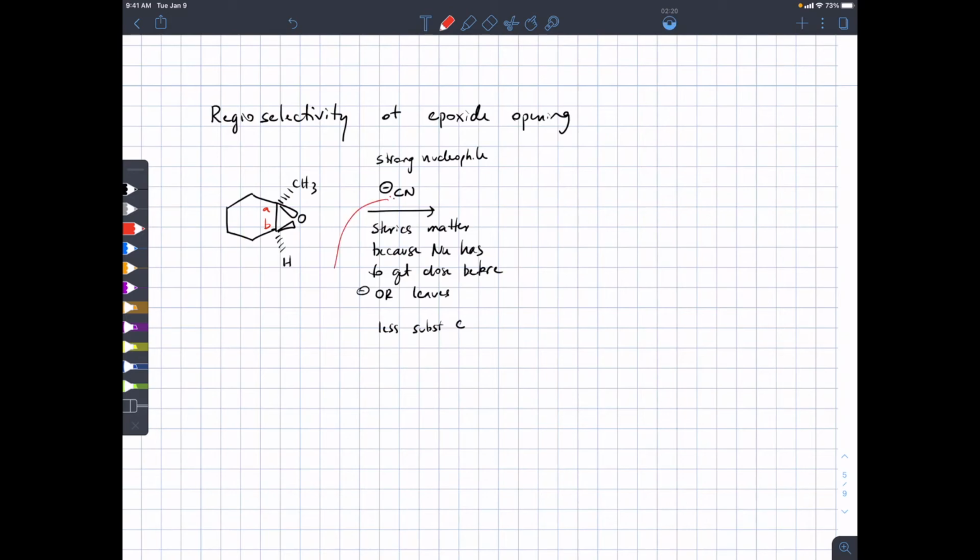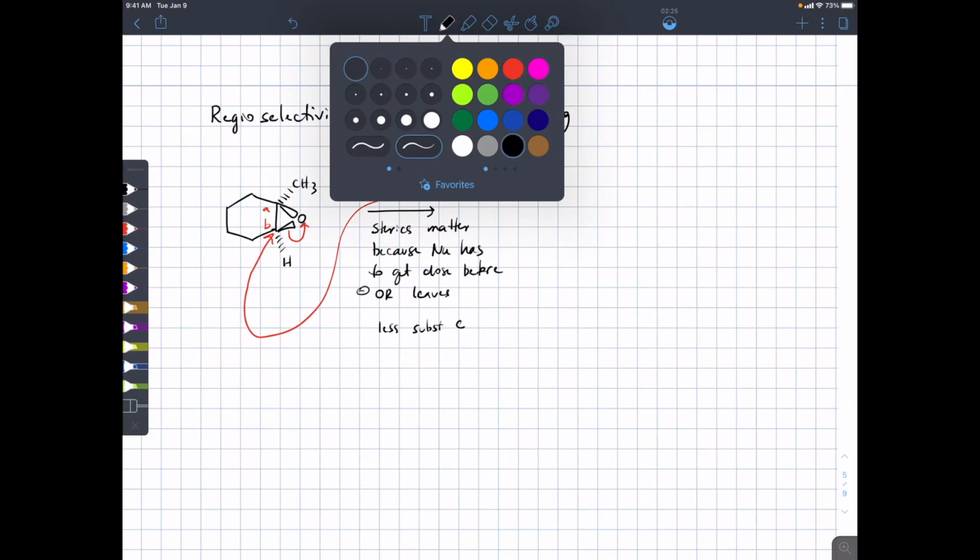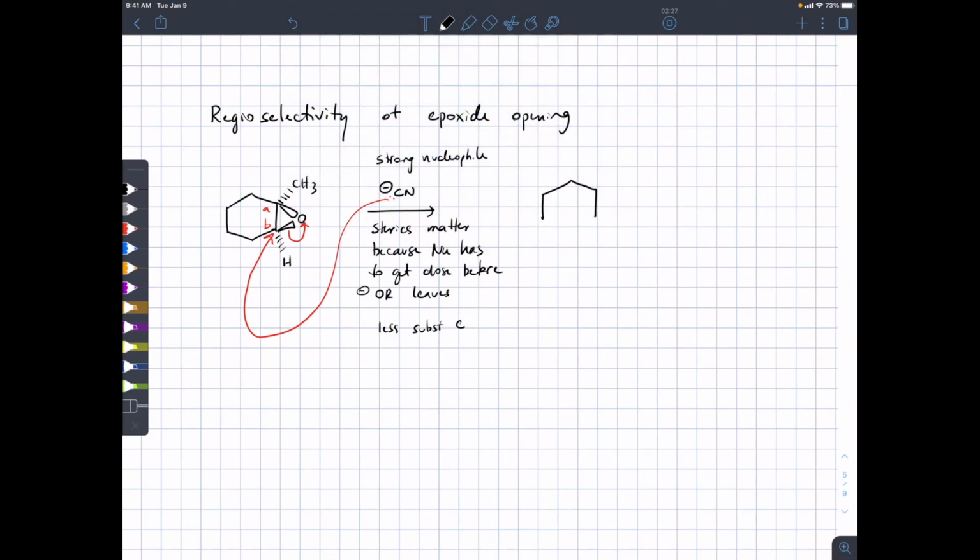So we can draw the product that would come from that. We'll make a new bond between CN minus and carbon B. Carbon A remains unchanged. The methyl group is still down. The O minus group here gets protonated in a subsequent workup step that we won't show. And then the CN nucleophile should be down.